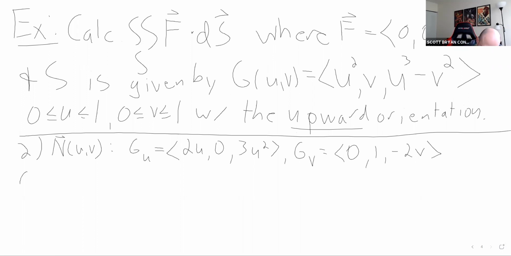So then we take the cross product of gu and gv. We do it in that order first, and then see if that gives us the right orientation. And if it doesn't, we know we need the opposite one, so we just flip the signs on everything.